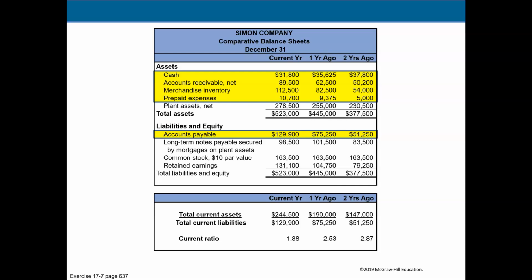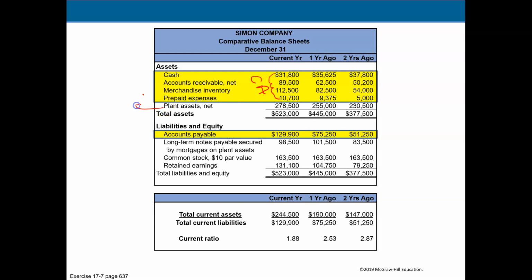The current ratio is current assets over current liabilities. Let's look at the current year here. Total current assets would be these added up: cash, accounts receivable, merchandise inventory, and prepaid expenses. I'm going to label this CA for current assets.